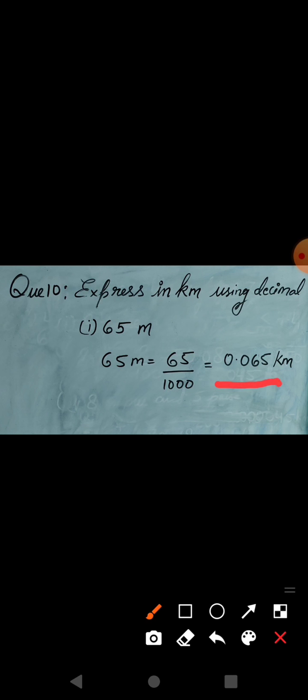So we will move the decimal towards the left. How many places? 3 places. 1, then 2. There is nothing, means we will put 0, and then the 3 places. Before those 3 places we will put the decimal. So the answer will be 0.065 kilometer. In this way you will complete this exercise. All the best.